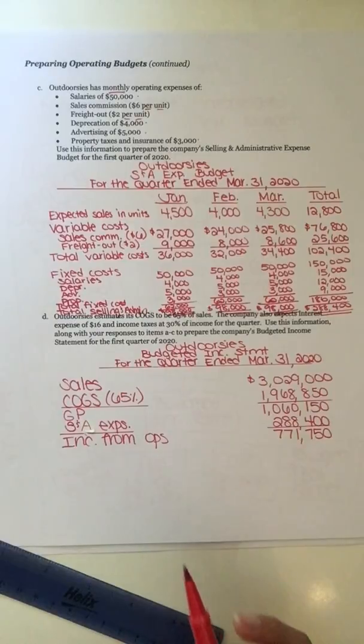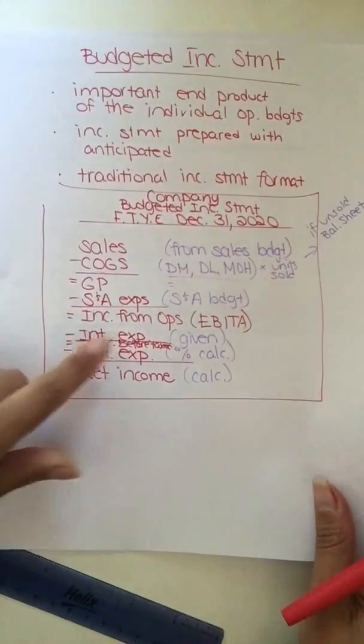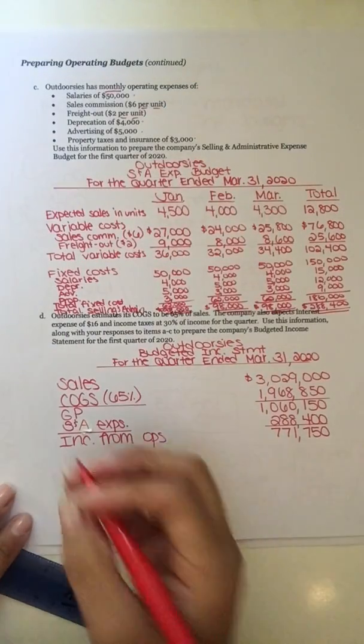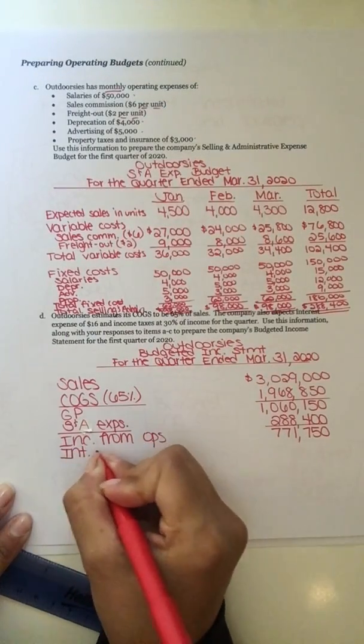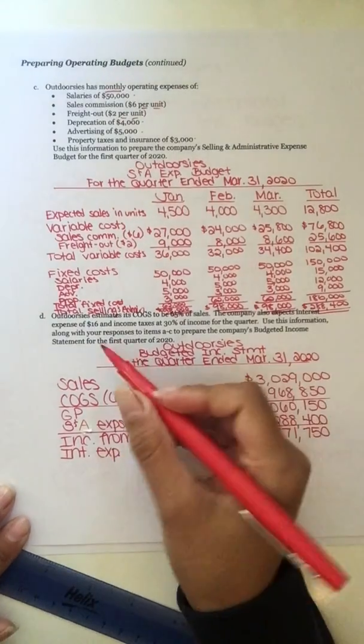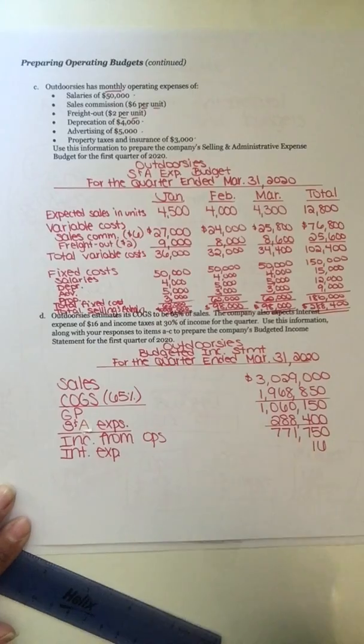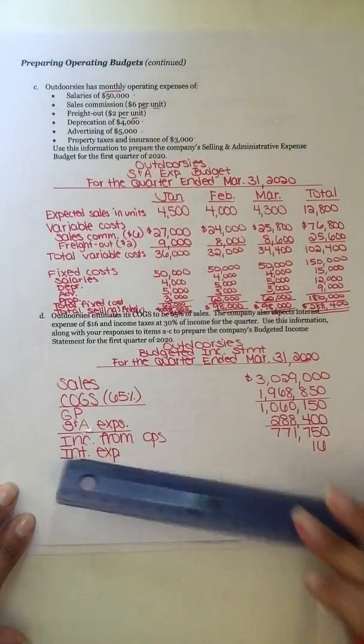All right, next, if you follow the formats that I gave you in the last video, after our income from operations comes interest expense, which normally is given, or they'll have to give you some way to calculate it. So interest expense. So if you go up here, it says interest expense is estimated to be $16 whole. I know, not a lot.